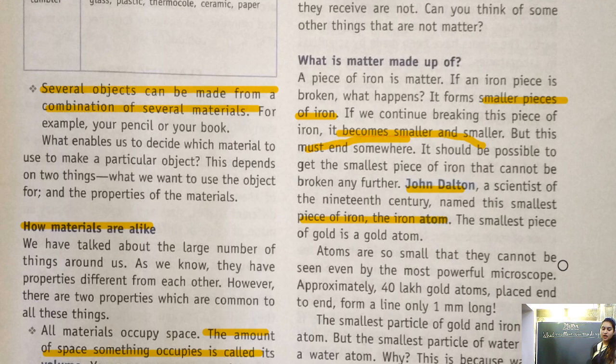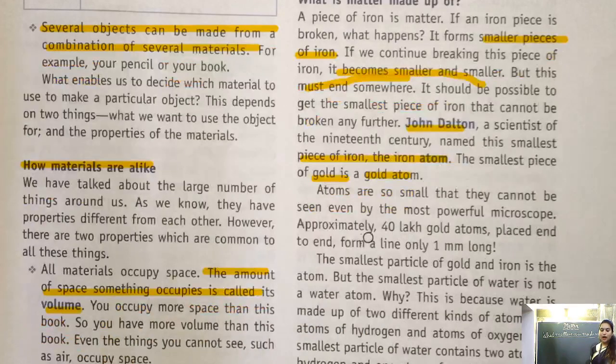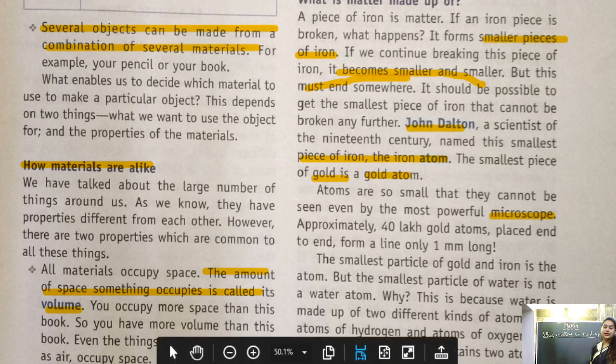Similarly, the smallest piece of gold is gold atom. Clear? So atoms are so small that they cannot be seen even by the most powerful microscope. Children, have you ever seen a microscope? It is there in our school science laboratory.